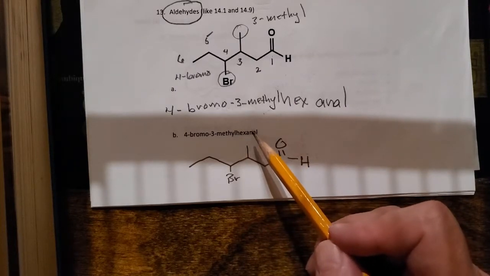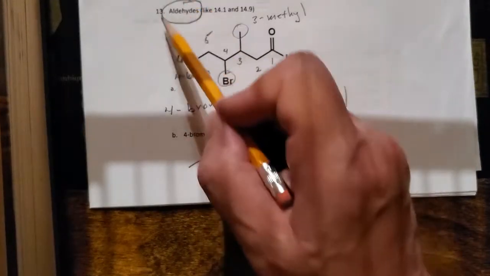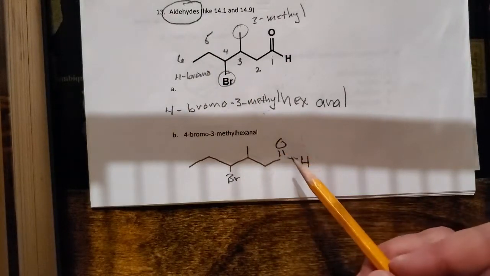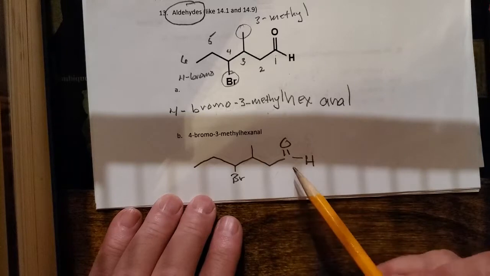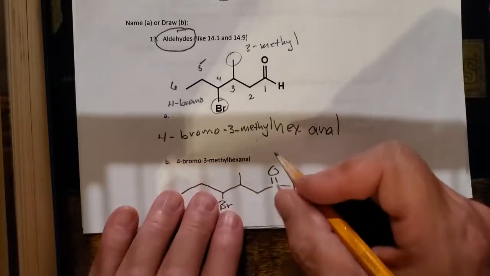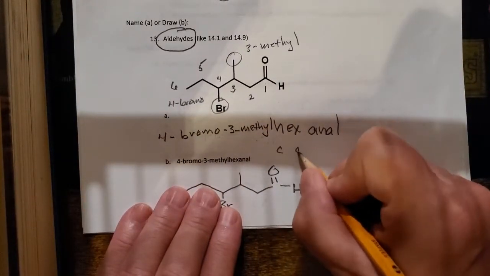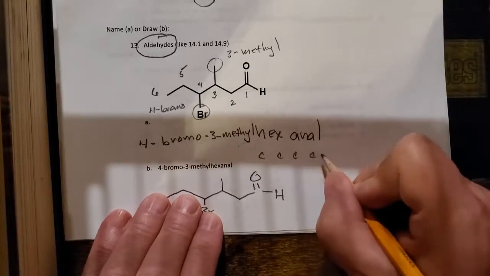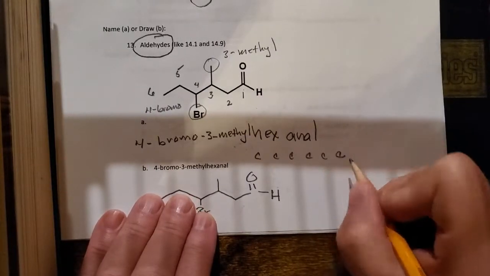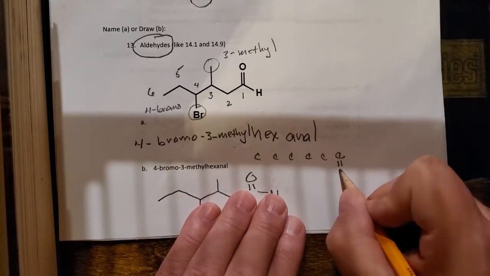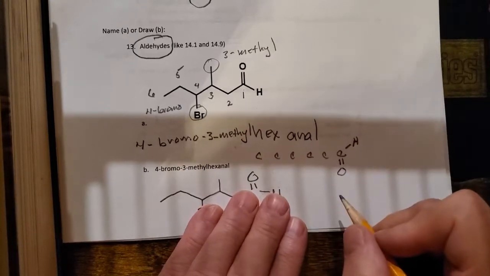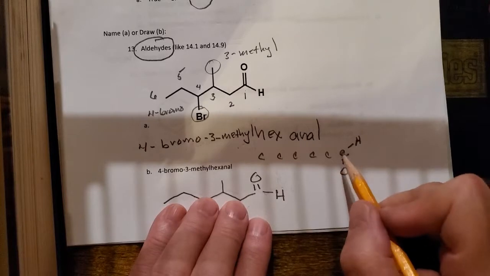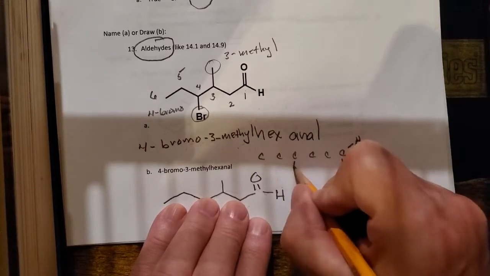It's going to be an aldehyde. And it's going to have 6 carbons. So you draw your 6 carbons. 1, 2, 3, 4, 5, 6. This is going to be the aldehyde end. And it's going to have a 4-bromo. 1, 2, 3, 4.